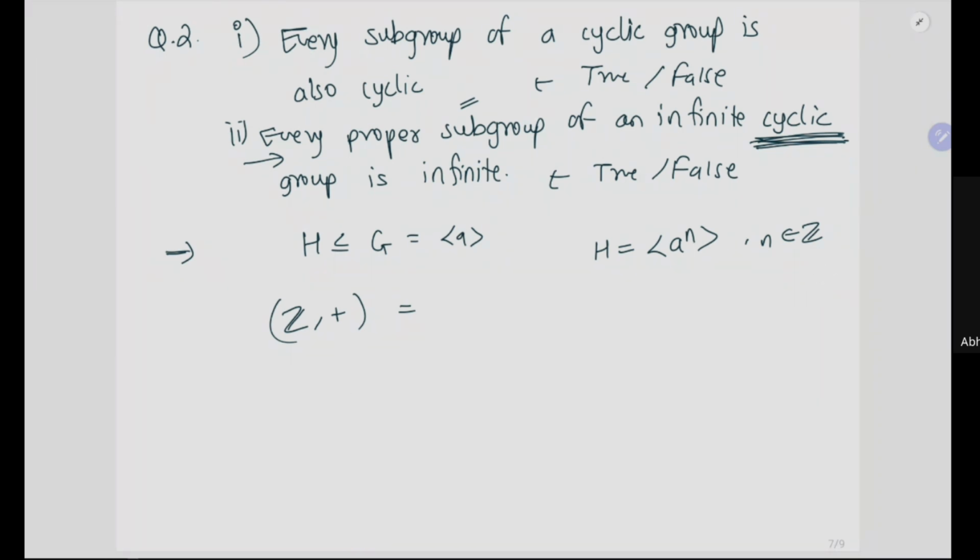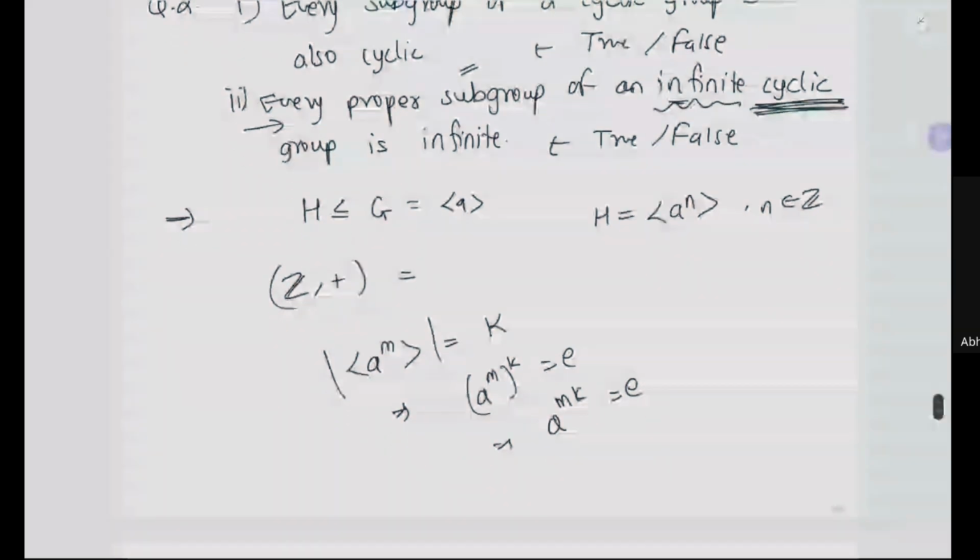And G is infinite, so if the cardinality of A power m is some k, then A power m power k is identity. This makes our group G finite, which is not true because we have an infinite group here.